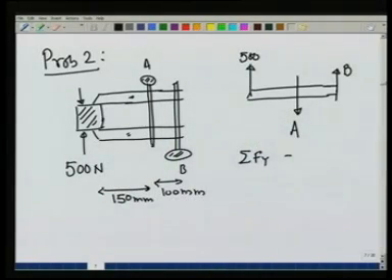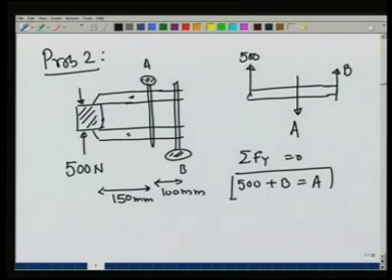Since this is essentially a one dimensional problem, I can straight away write F y is equal to 0, and that gives me 500 plus B is equal to A. This distance is 100 millimeters and this is 150 millimeters. Let me now balance torque about this point, the point in the middle where the A screw is.